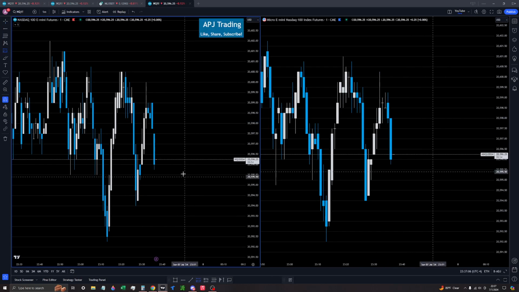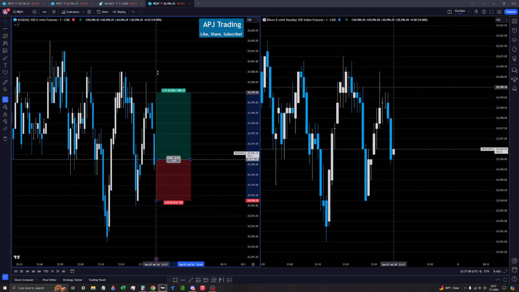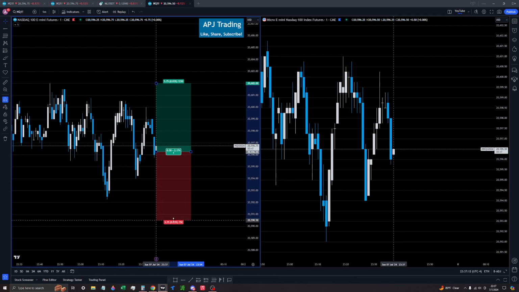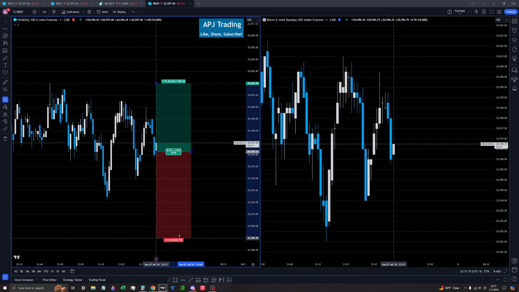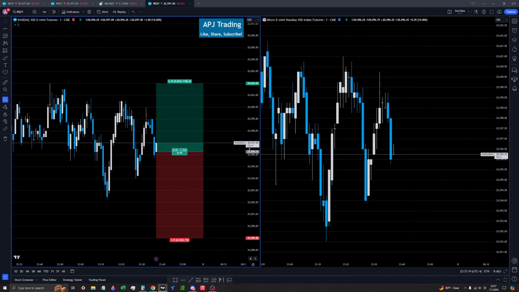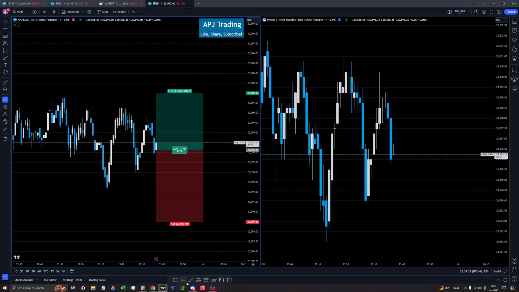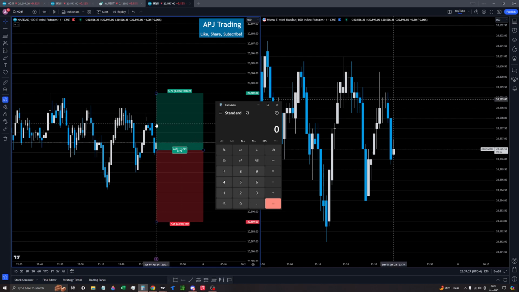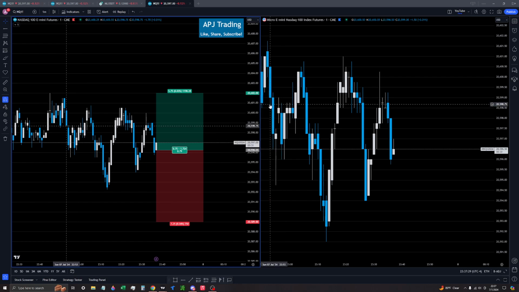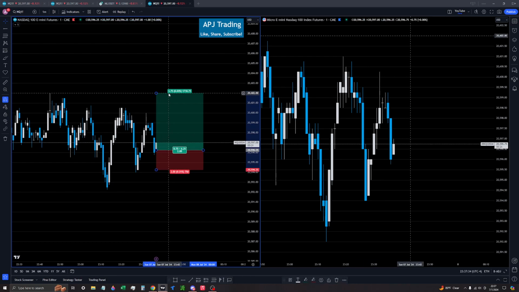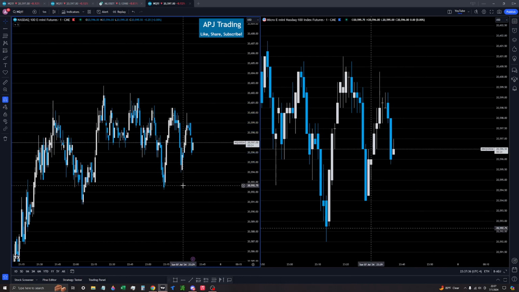But if you have a 10-point stop on a mini contract, that is going to be $200 for one contract, right? That's a fraction of your total account risk, less than half a percentage if you base it on 50 grand. Because 1% would be $500, half a percent is $250 on a $50,000 account. So you could get away with trading one mini, assuming you have a proven system.